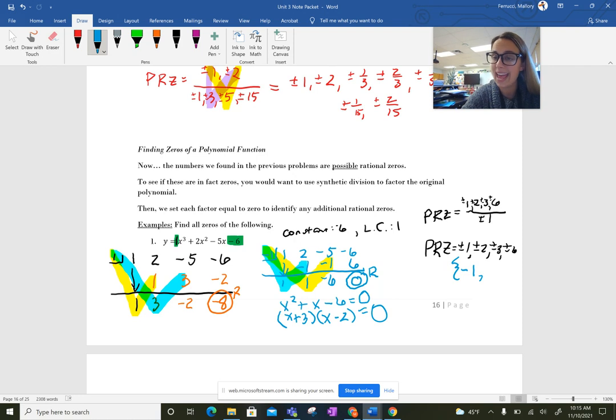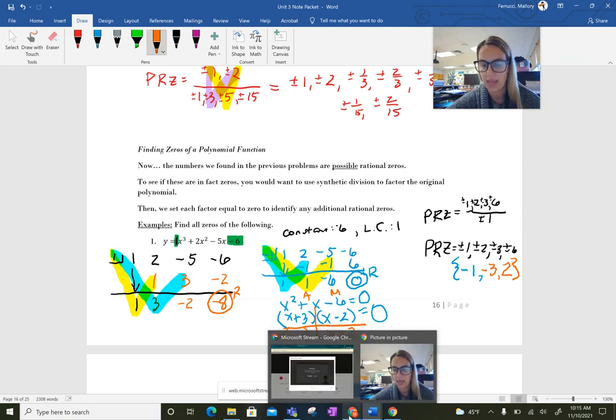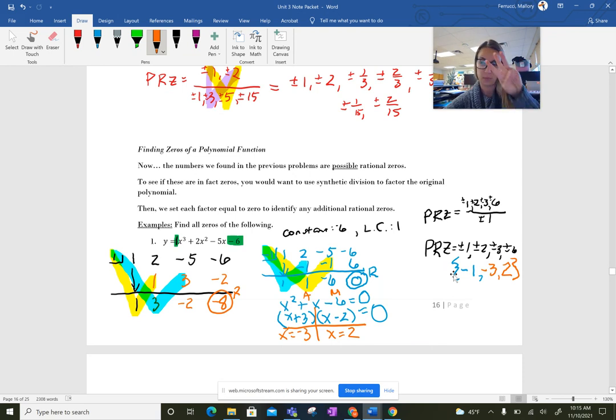We want numbers that add to 1 and multiply to -6, which is 3 and -2. If you t-chart those, you get x equals -3 and x equals +2. And that gives you all your zeros. Since it's a cubic, which has a degree of 3, you should have 3 zeros, and that would do it for you.